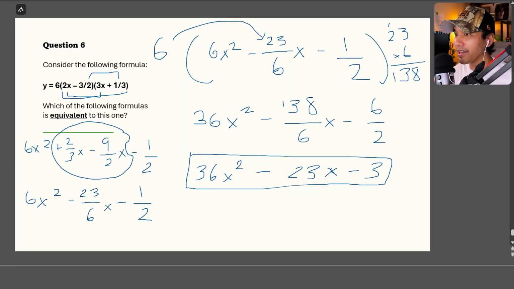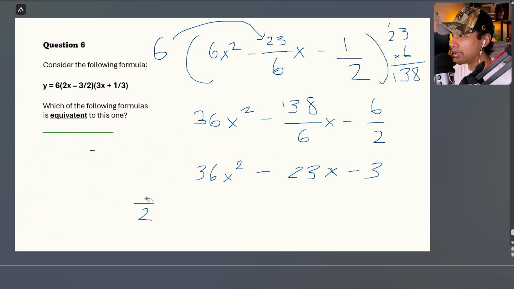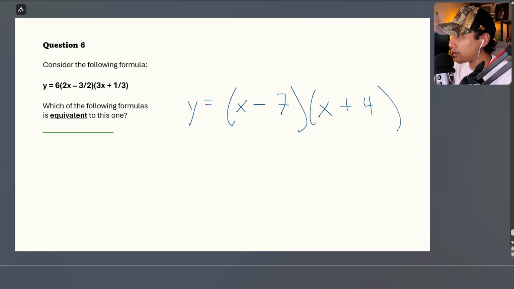Sometimes you might get an easy question, an easy equation, right? Where you do not have the coefficient. You're going to get something like y equals x minus 7 and then x plus 4. Okay?